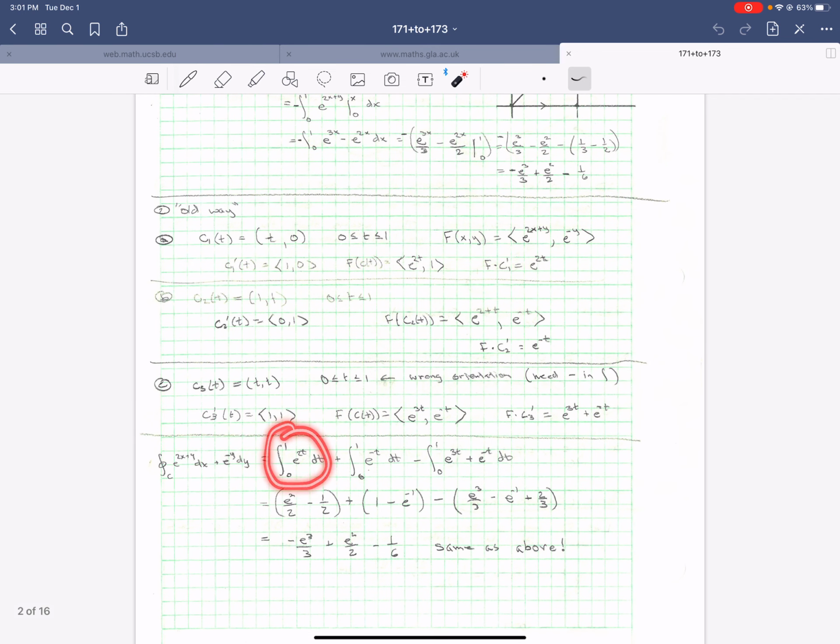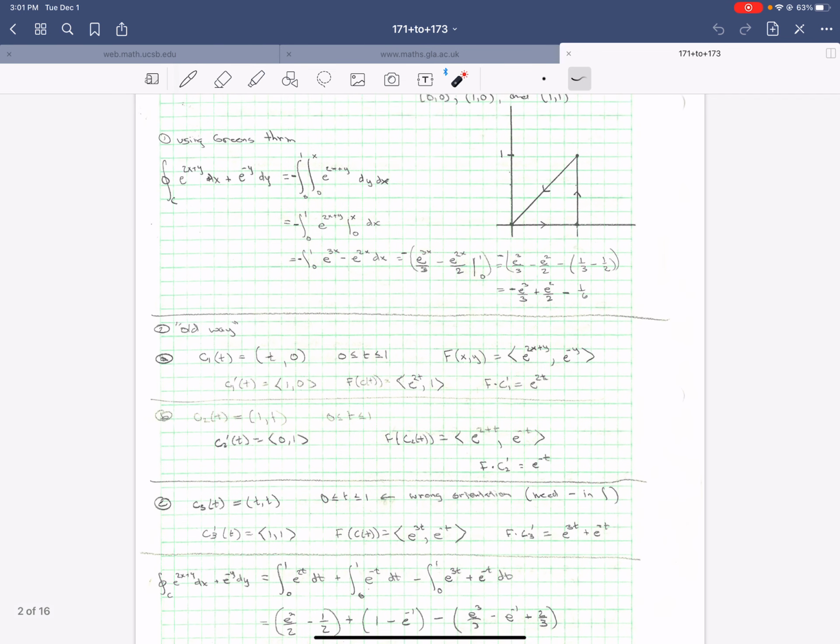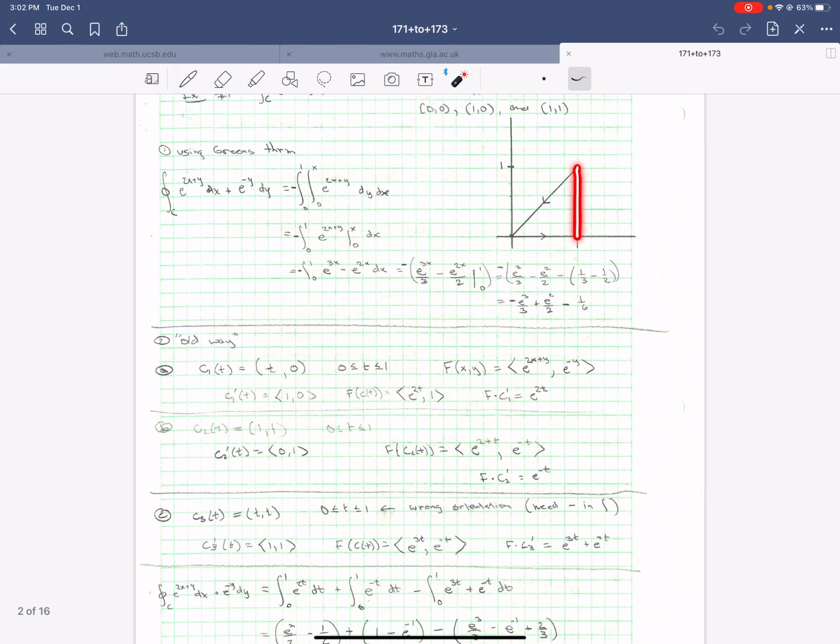That is right here, folks. Then we have the second curve, and that curve is right here. And the problem is that we hit this right angle here where it's not differentiable.